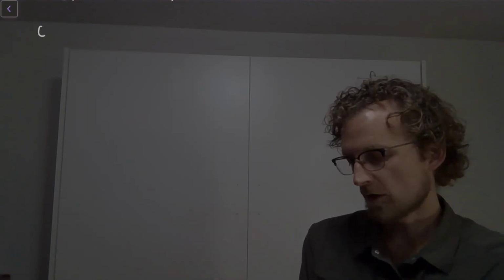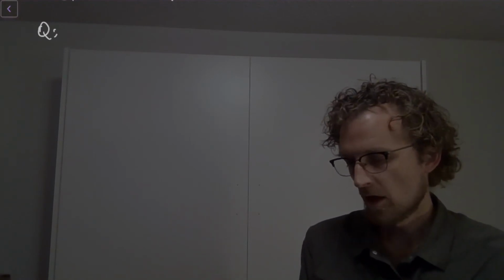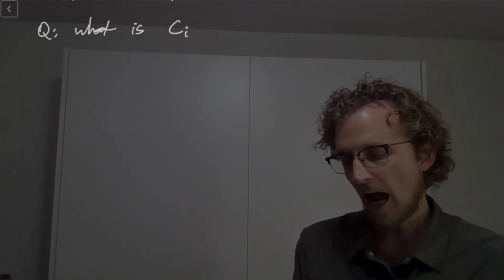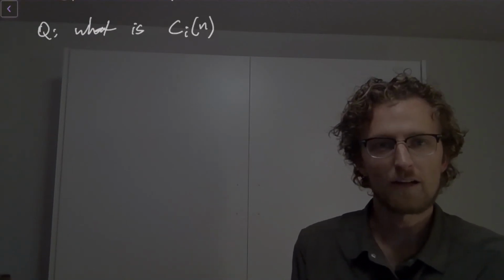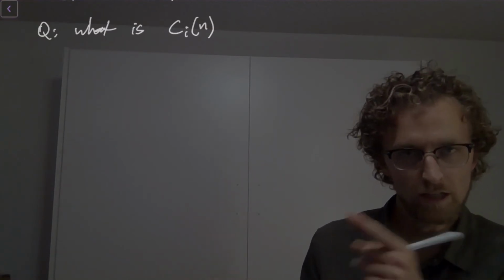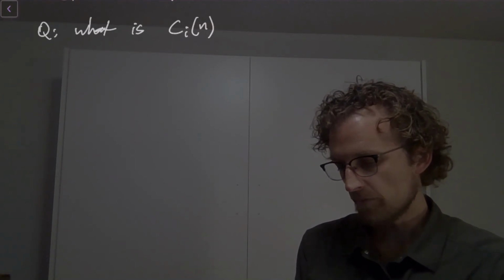Okay, so here's the question. How many times does each of these operations execute as a function of n? In other words, in terms of our mathematical language that we've established, what is c_i of n? What is the execution count for each operation, each line of code, as a function of n?